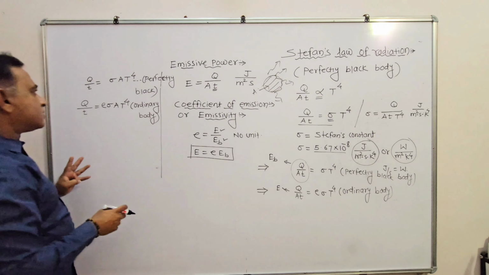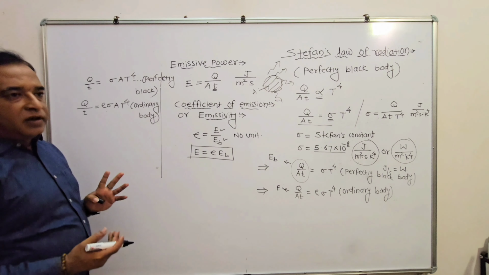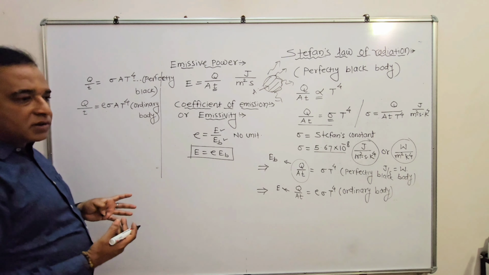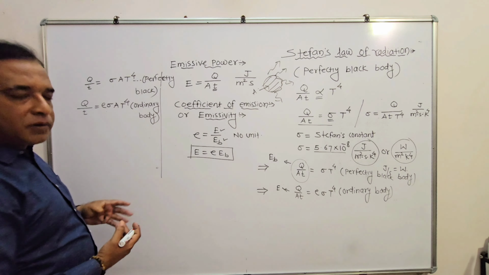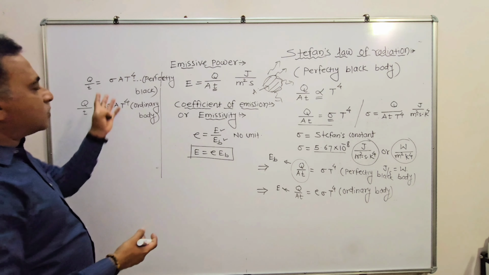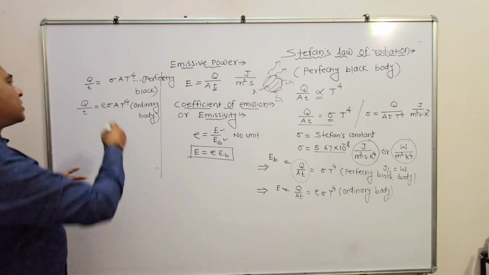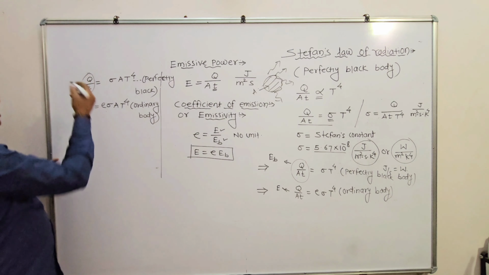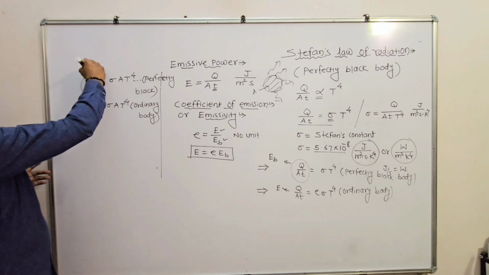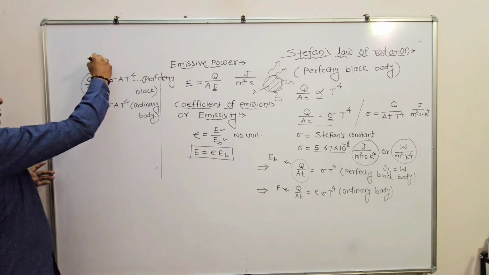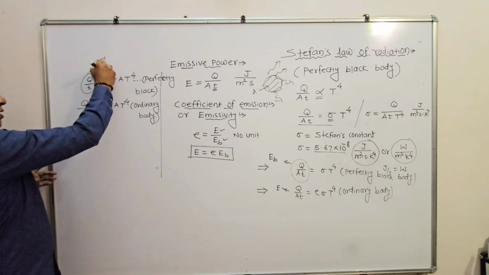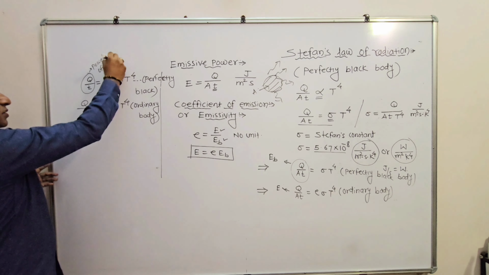As we know, if we need to consider the surrounding temperature, or outer temperature, it needs to be considered as T0. With respect to the outer temperature, what about the Q upon T? What is this Q upon T? That is very important. So it is given here, Q upon T is nothing but power of radiation.